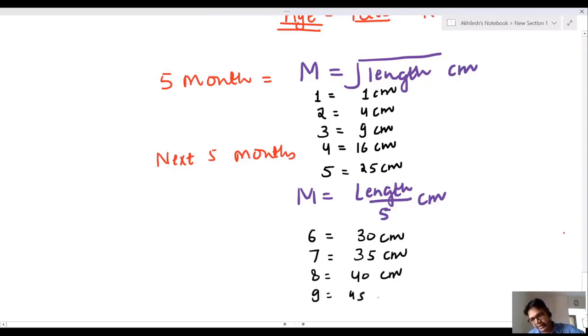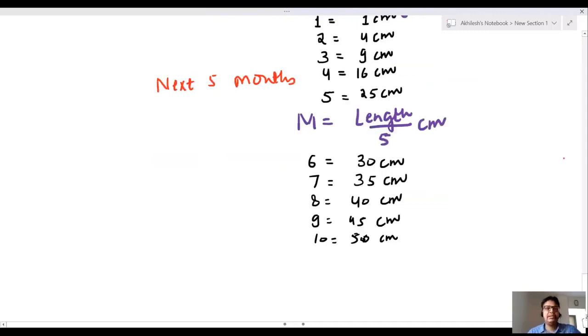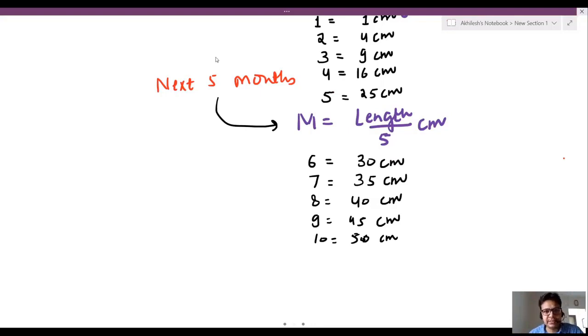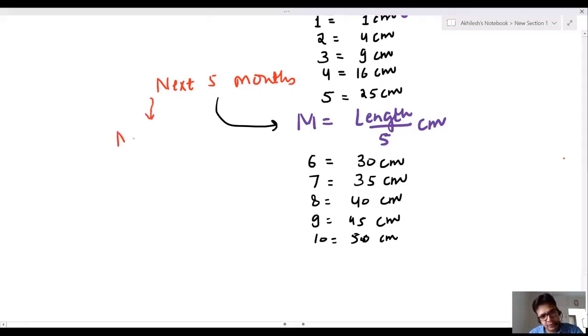If month is 9, length will be 45 centimeters. At the 10th month, almost 50 centimeters. This rule for the next 5 months is also known as Morrison rule.